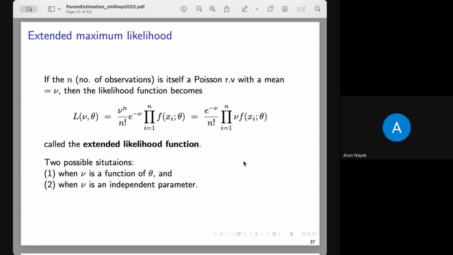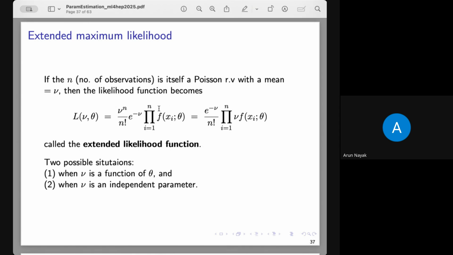Earlier we considered it as a constant, a fixed number of events. Now we consider that as a Poisson random variable with some mean mu. Then we also multiply a probability distribution for obtaining that number of events. That probability distribution will be a Poisson distribution because we assume it is a Poisson random variable.